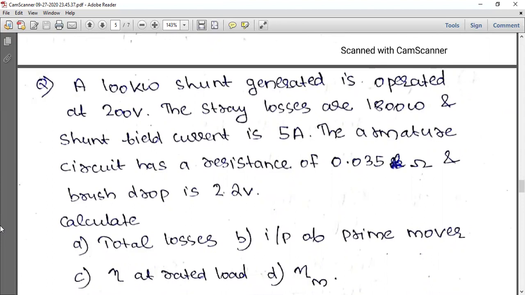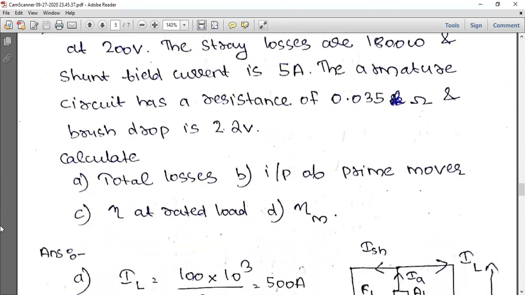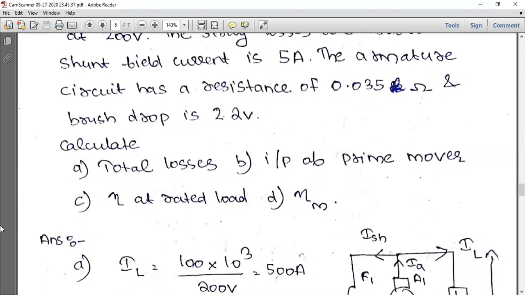The armature circuit has a resistance of 0.035 ohm and brush drop is 2.2 volt. Here we need to calculate the total losses, input of the prime mover and efficiency at rated load, and then the mechanical efficiency also.